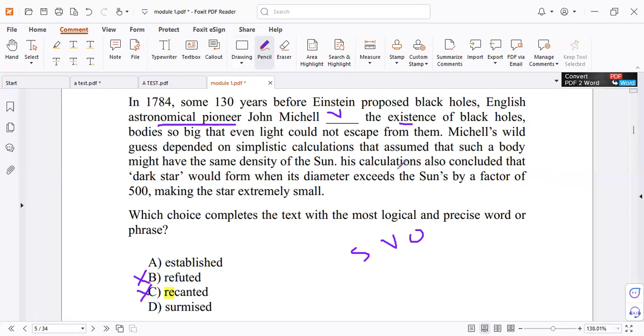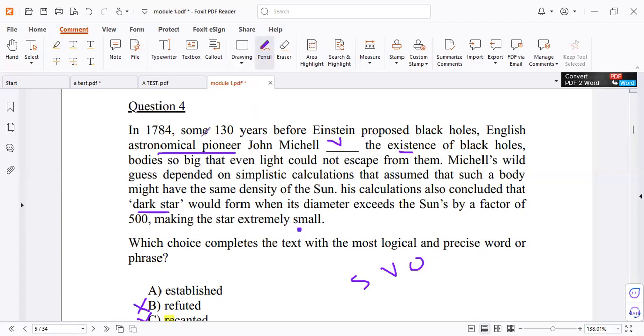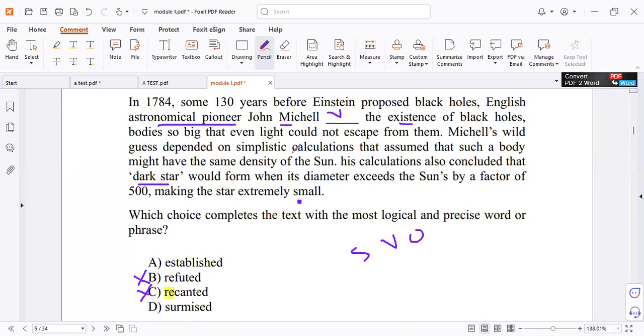Look, his calculations also concluded that the dark star would form when its diameter exceeds the sun's by a factor, making the star extremely small. Okay, but look, some 130 years before Einstein proposed the black holes, before John guessed the existence of the black holes.